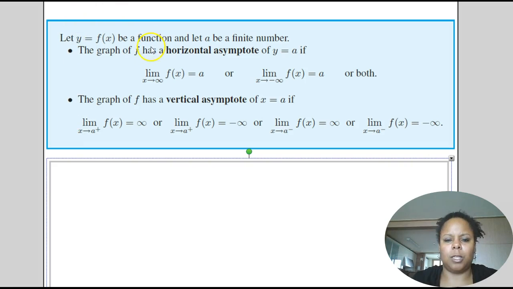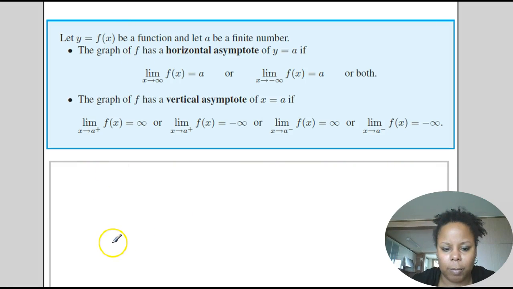A horizontal asymptote is basically a horizontal line at some point A where the graph does not cross that line. And so we can describe it as saying, as x approaches infinity, the limit of f of x is equal to A. Sometimes logarithmic graphs are confusing because it looks like they have a horizontal asymptote.